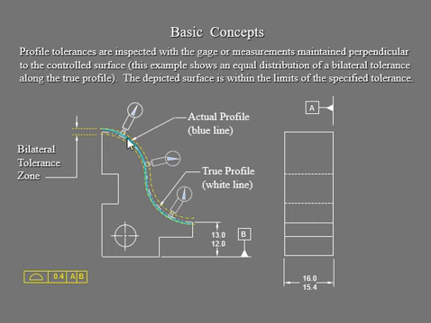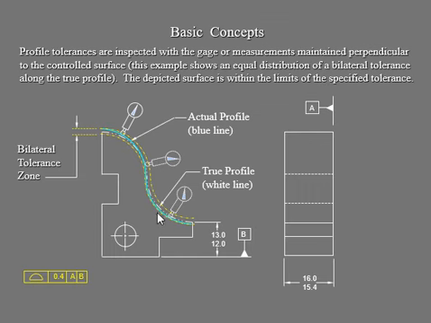We are going to gauge it and test the perpendicularity, and it's going to be perpendicular to the control surface. Your control surface is going to be in that range. The surface is within this limit, which is defined right here in your control frame. So that's your specified tolerance.